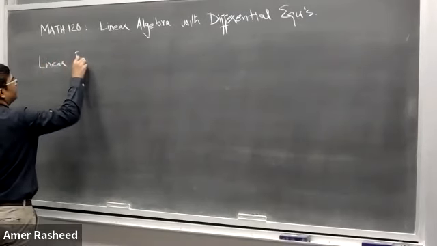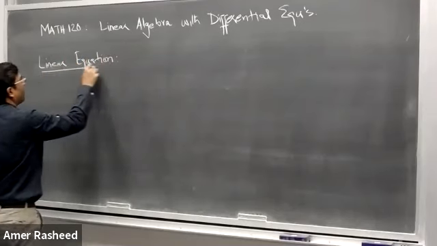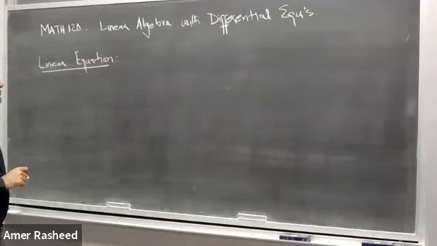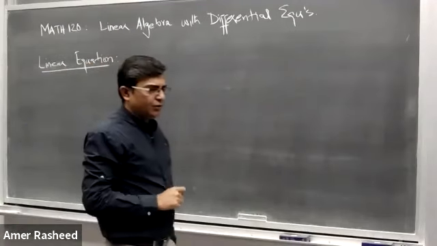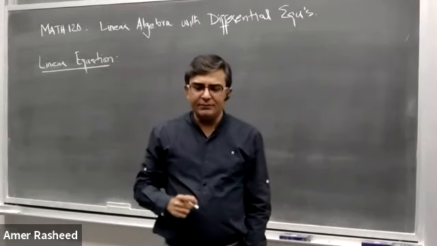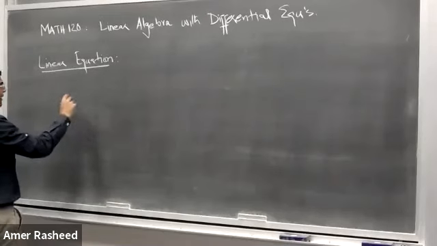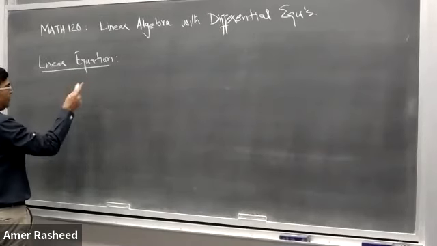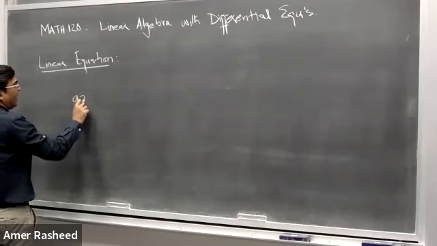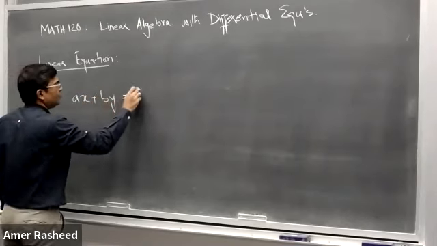Formally, a linear equation in two variables, you must have seen already in your intermediate classes. For example, an equation of the form ax plus by is equal to c.